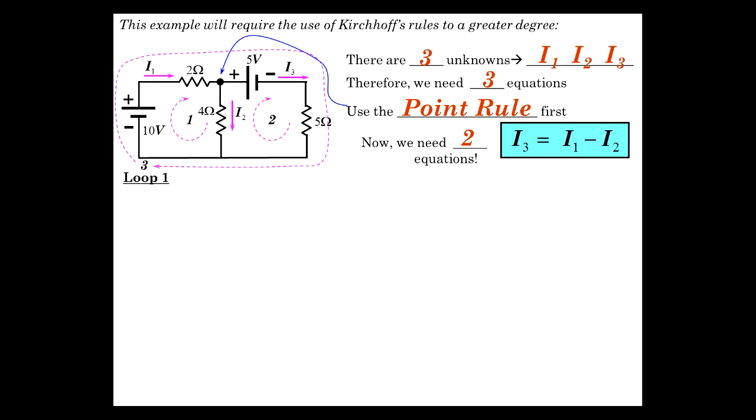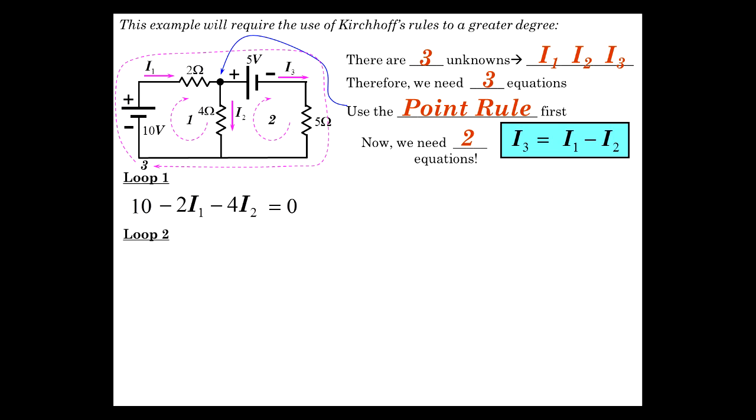I'm going to use loop 1. And let's go ahead and analyze it. So first of all, starting here, I have a rise of 10, and then minus 2I1, because it's a drop across the 2. And then we continue to progress through I2, and it's minus 4I2. And we're back to our starting point, so that's 0.